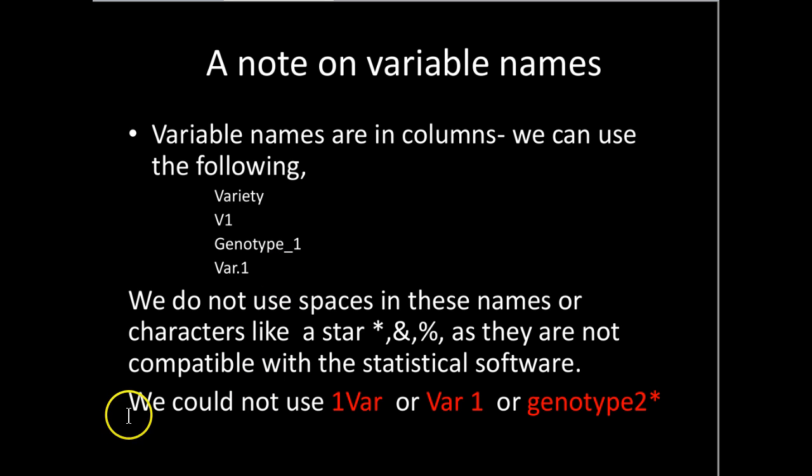So just at the bottom here, we could not use 1var, and that's because it starts with a number. We can only start with an alpha or a dot. And we couldn't use var space 1 because it's got a space in. We couldn't use junior_type_2 star because it's got a star in. So they're all things just to note.